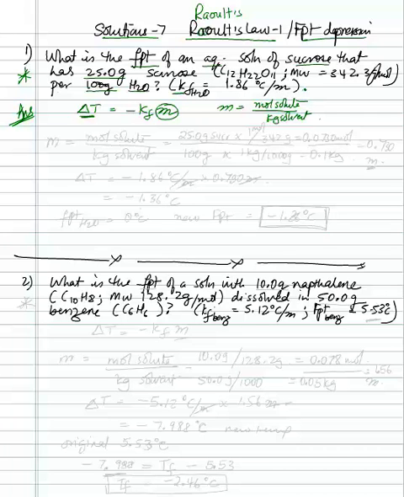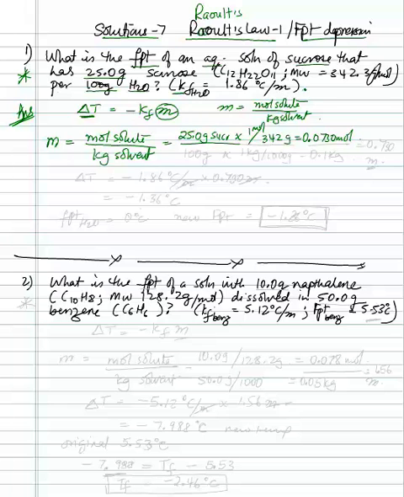So molality, I hope you can follow this one quite easily. It should not be that hard. Molality is moles of solute over kilogram of solvent. The moles of solute is 25.0 grams of sucrose, and you find the moles by dividing by 342 grams per mole, which is equal to 0.0730 moles.